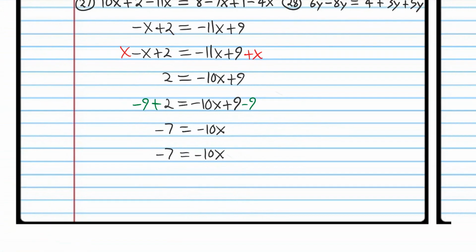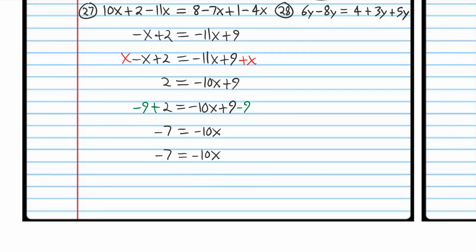And I'm going to rewrite the equation again because I'm about to perform an operation on both sides. And finally, x is equal to 7/10. So if you got 7/10, good job. You can also write 7/10 as 0.7, but we don't really need to do that.